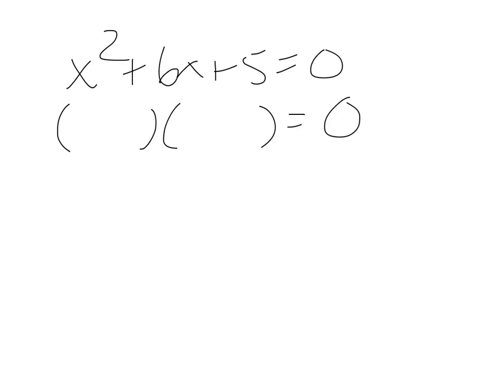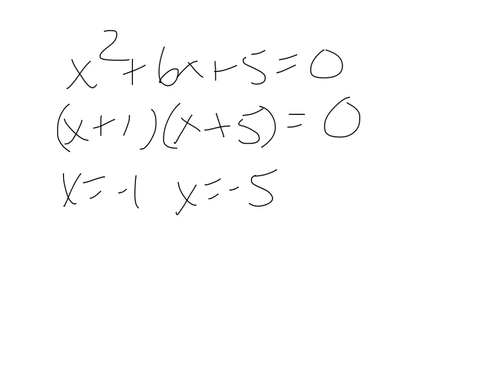So this would be x and x, and what would the two numbers be? 1 and 5. So what would my solutions be for this? x equals negative 1 and x equals negative 5. Where did I get the 1 and 5? What multiplies to make 5 and adds to make 6.